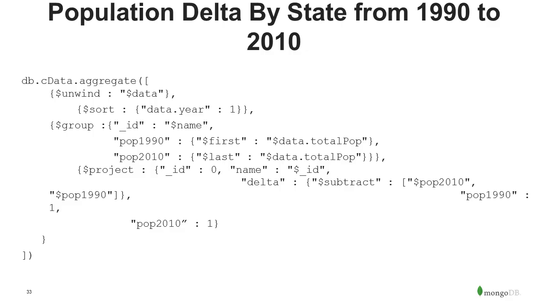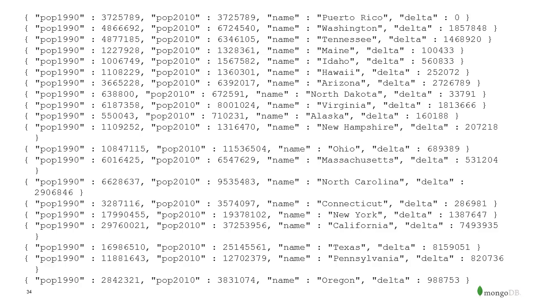And then I want a key called delta, where I'm going to use this $subtract operator to subtract pop1990 from pop2010, and then pop1990: 1, the alignment's off here, and pop2010: 1. Those are saying I want those keys in my output. And so this is the kind of output that you'll get from something like that.